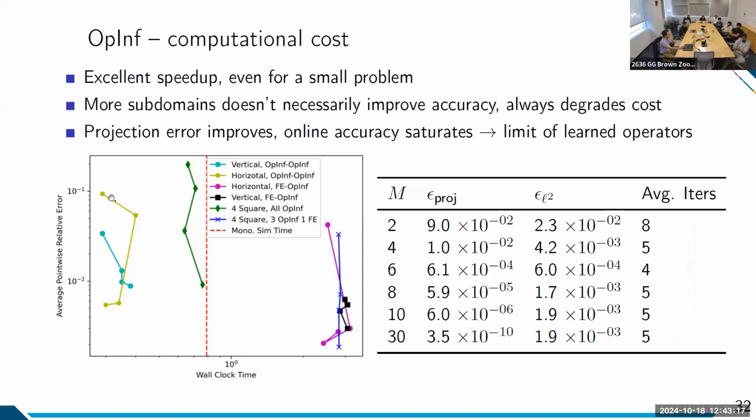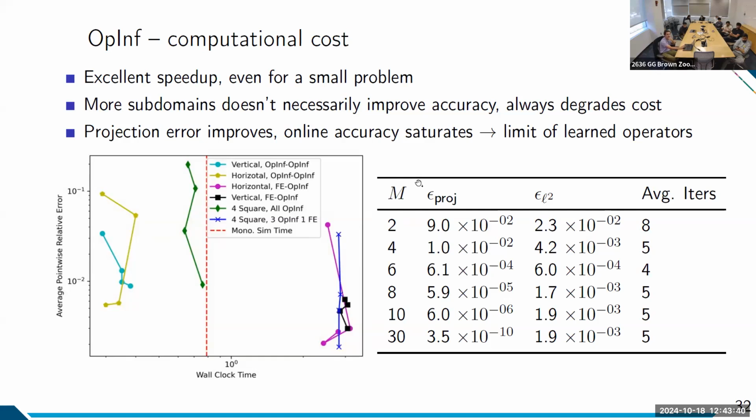In the case that you have either in cyan or yellow these two subdomains. But even where you have 4 subdomains, you're able to achieve some modest speedups relative to the full order model.